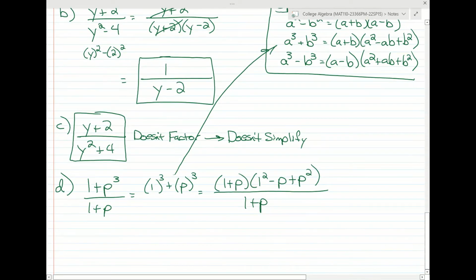You can't cancel out a p from the beginning. You could only cancel out if they're factors. Factors means you're multiplying them together. If you're not multiplying things together, you can't cancel them out. So in this case, we can cancel out a 1 plus p and a 1 plus p, giving us just 1 minus p plus p squared. That would be the final answer.